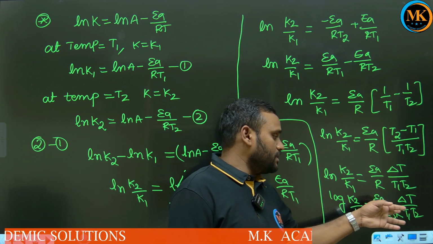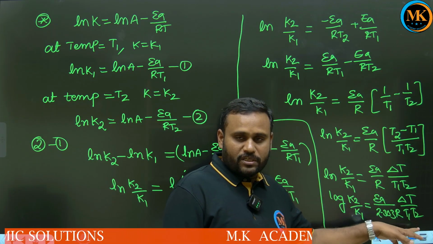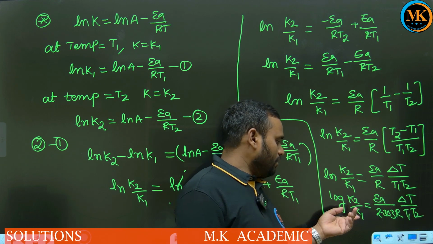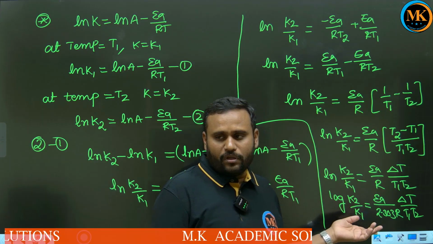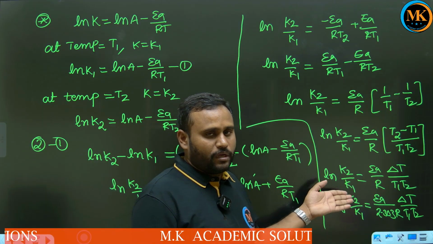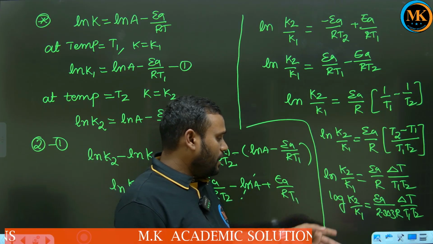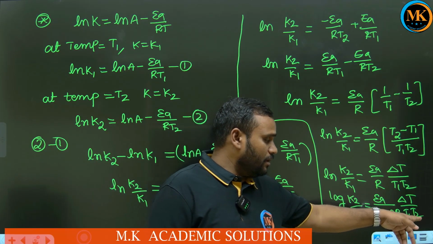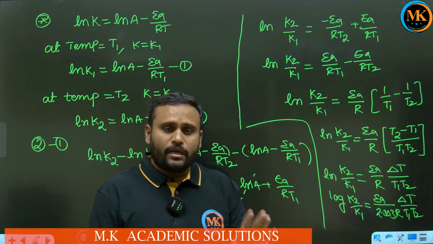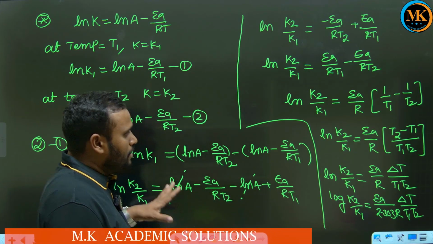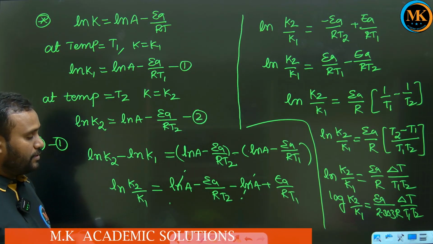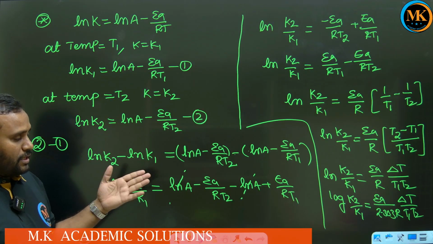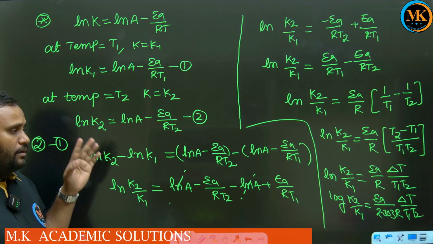When you know the activation energy and temperature 1 and temperature 2, and out of K1 and K2, if you know K1 you can calculate K2, if you know K2 you can calculate K1. Or if you know K1 and K2, T1 and T2, you can calculate the activation energy. This is the formula for the ratio of rate constants at different temperatures.